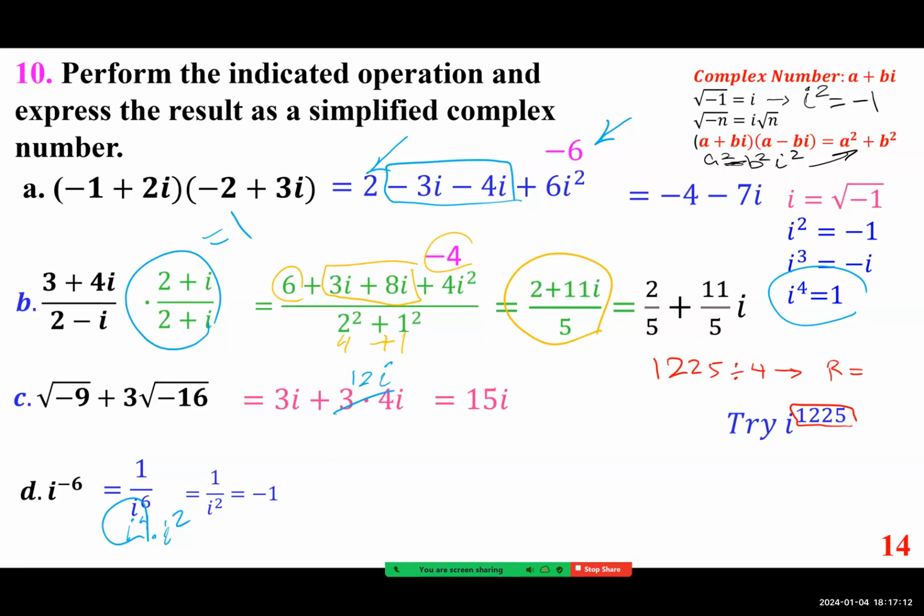Because if i to the power of 4 is 1, then powers of 4 will also be 1, because 1 to any power is 1, right? Now, is this number divisible by 4? You look at 25. 25 is not. The remainder is 1, so this is the same as i to the power of 1, or i.